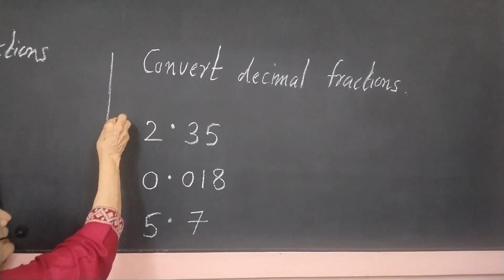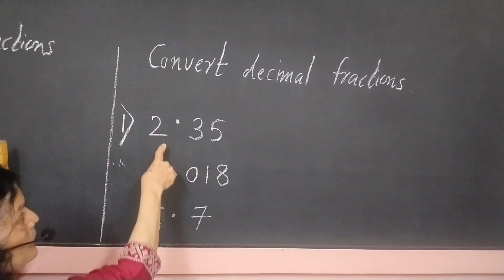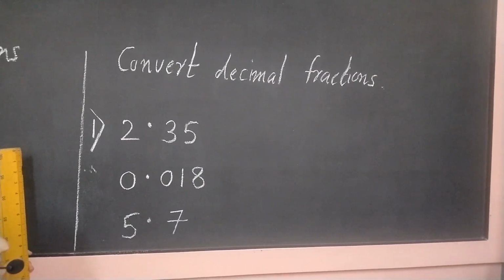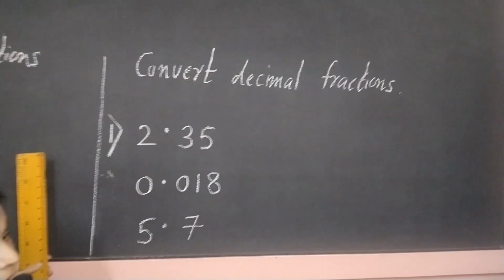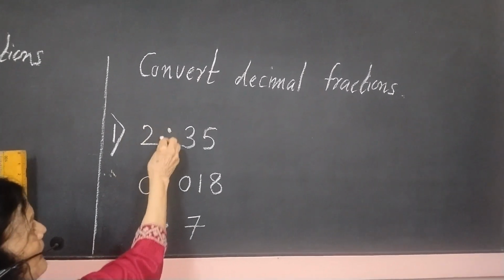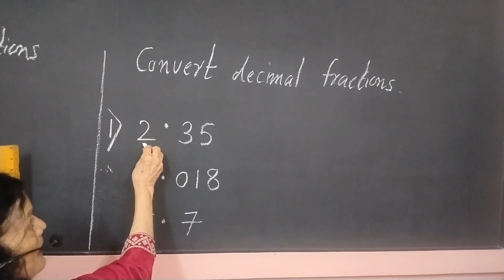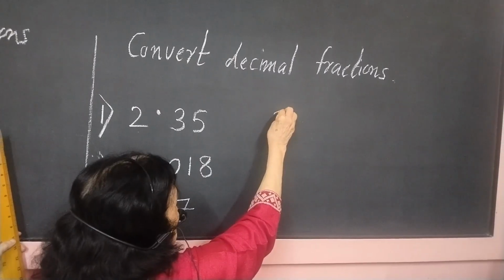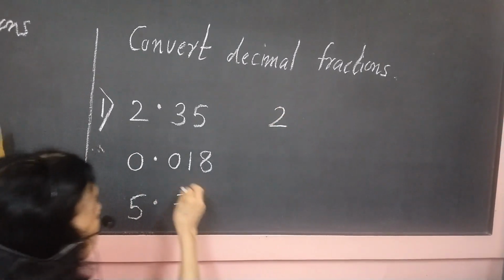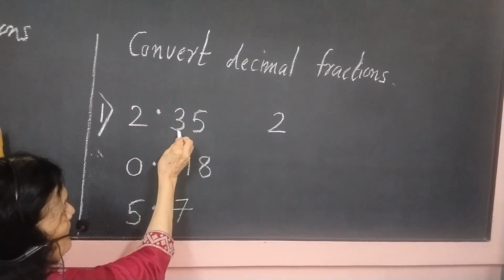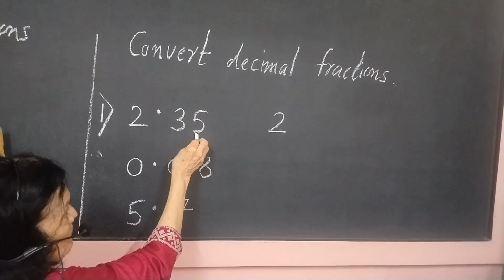So this is the first problem. 2.35 is given to us, and then we have to put it in numerator and denominator form. 2 is a full number, and hence 2 becomes integer. So 2 is the integer. Now here we have, after decimal point, 2 digits.